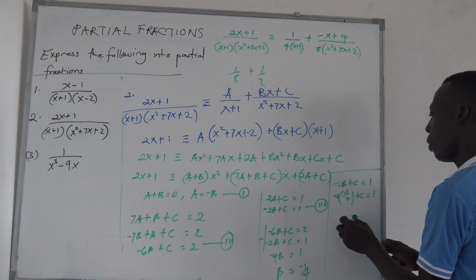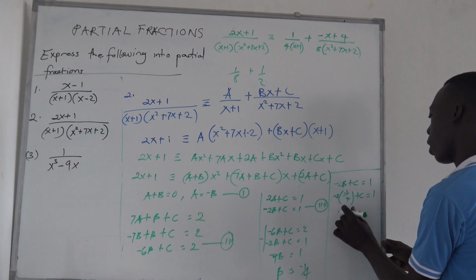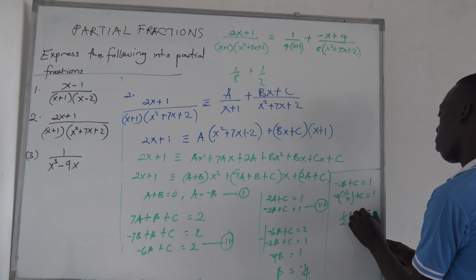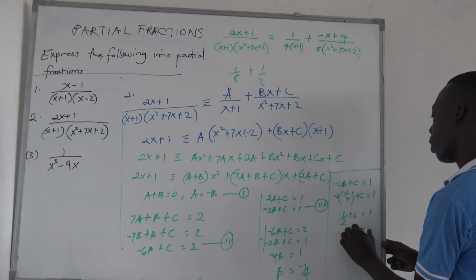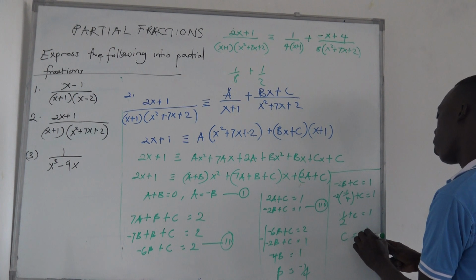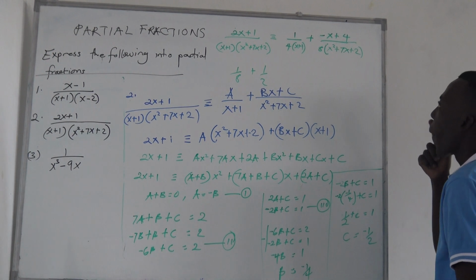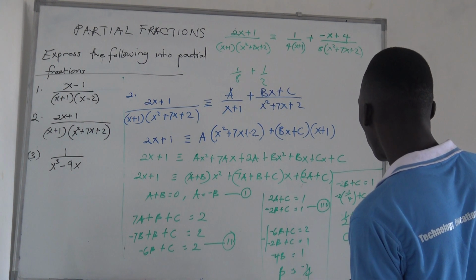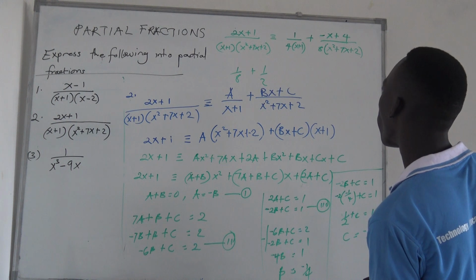So when we reduce this it is a half, so half plus c equals 1. Then we take this one, that means our c will be negative a half.